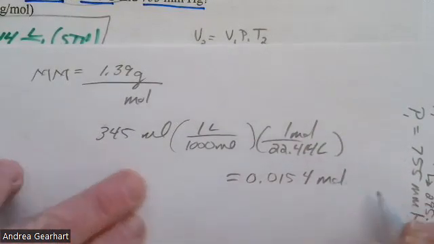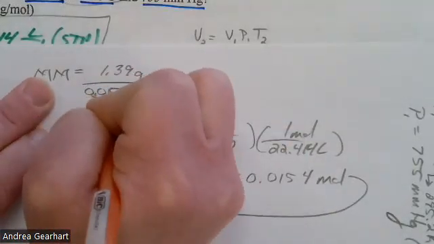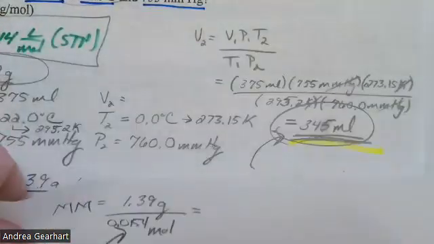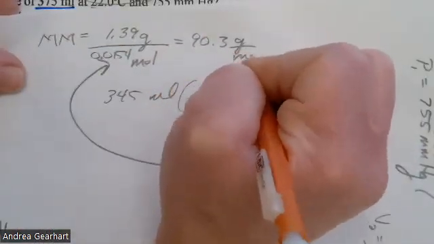And then this applies here, and we will get the identical answer of 90.3 gram per mole.